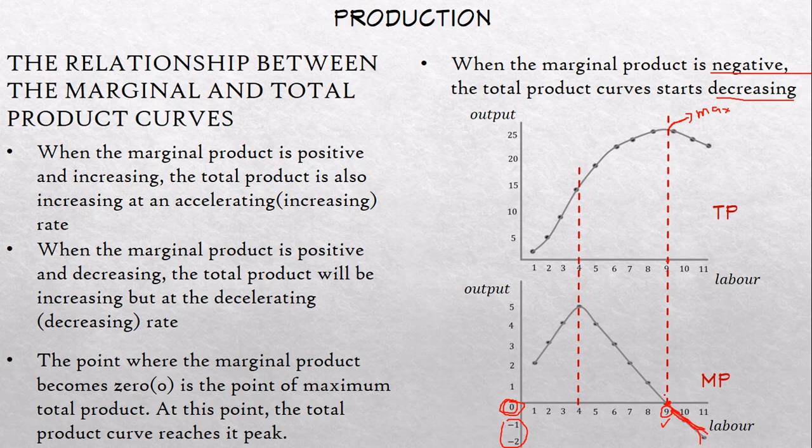When the MP is in a negative region, the total product will start to decrease. It is now decreasing. And that is the relation between the marginal and the total product curve.